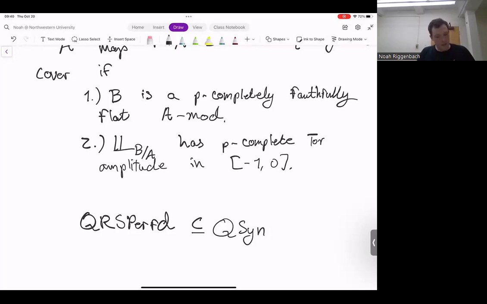For time considerations, the only thing I'm going to say about this is that these form a basis. And one of the main results of the paper of Bhatt-Morrow-Scholze is a computation of THH, TC minus, and TP of quasi-regular semiperfectoid rings. So we know what those invariants look like on QRSP rings.